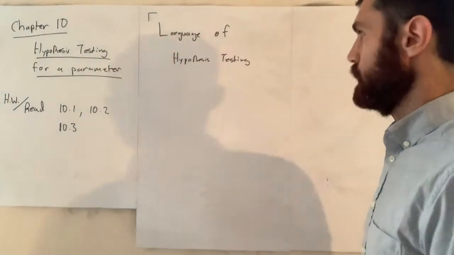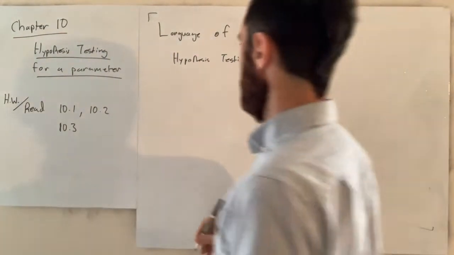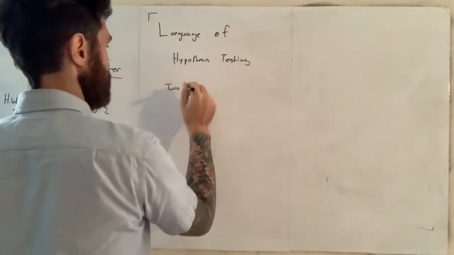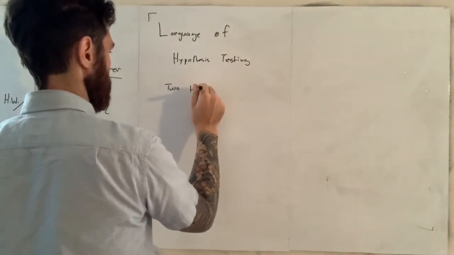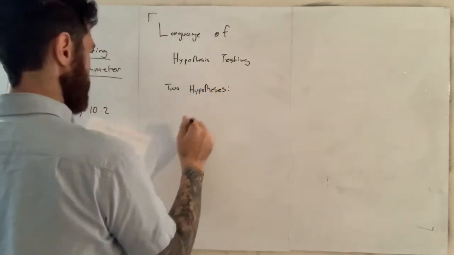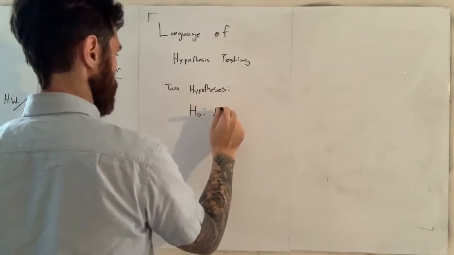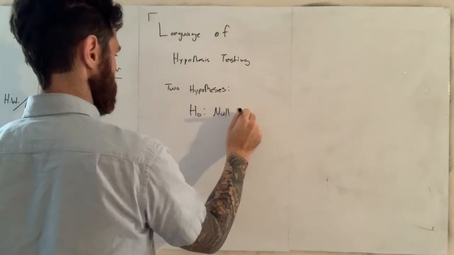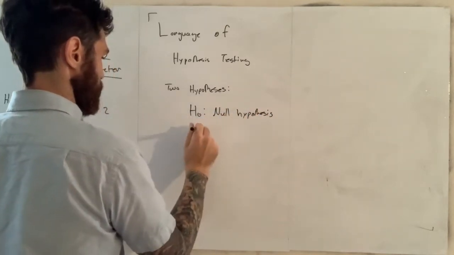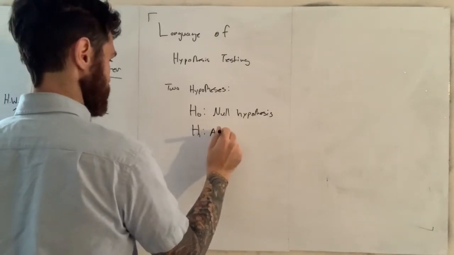So we're going to start with a discussion about the language of hypothesis testing. And the idea is you're always going to have two hypotheses. The first one we denote as H0. This is called the null hypothesis. And H1 is the alternative hypothesis.